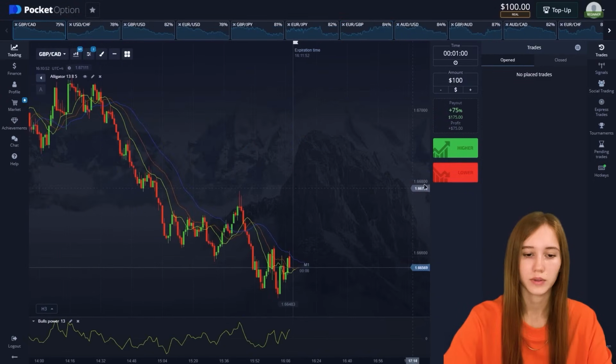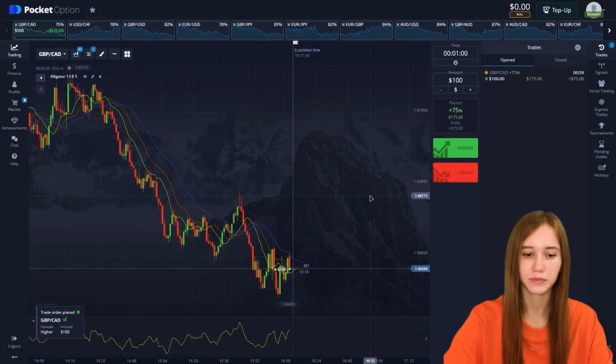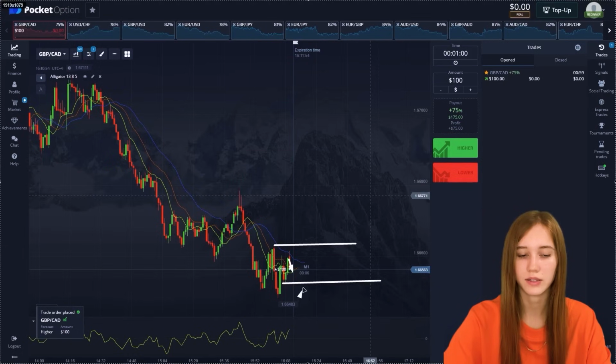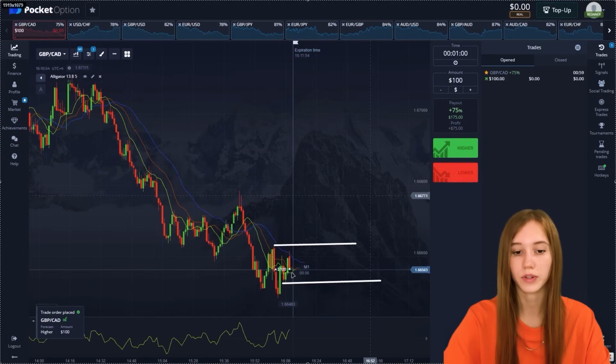Let's start. So the first currency pair, here we open up and we begin technical analysis. If we highlight the area of resistance and support, we see that we had a slight increase, two candles, a slight decline, and we opened at the end of the candle. There are 6 seconds until the end of the candle, and the next candle will most likely correct upward.